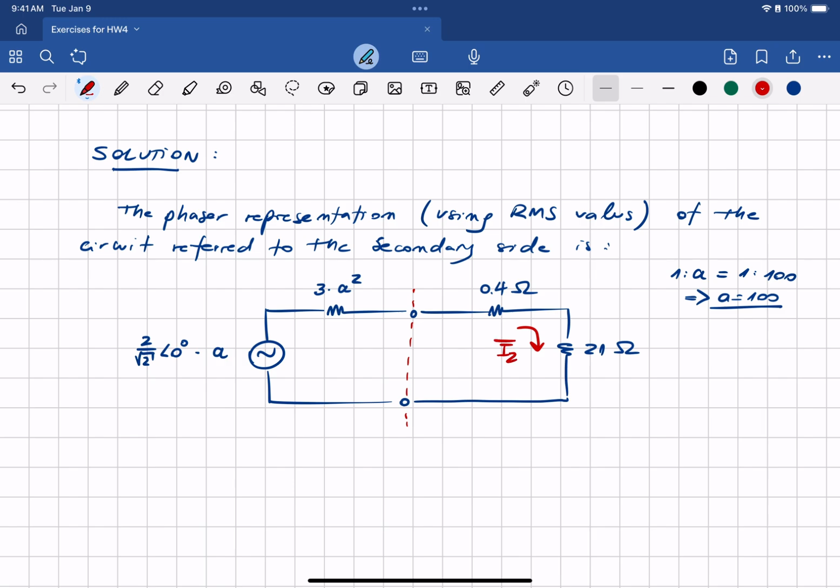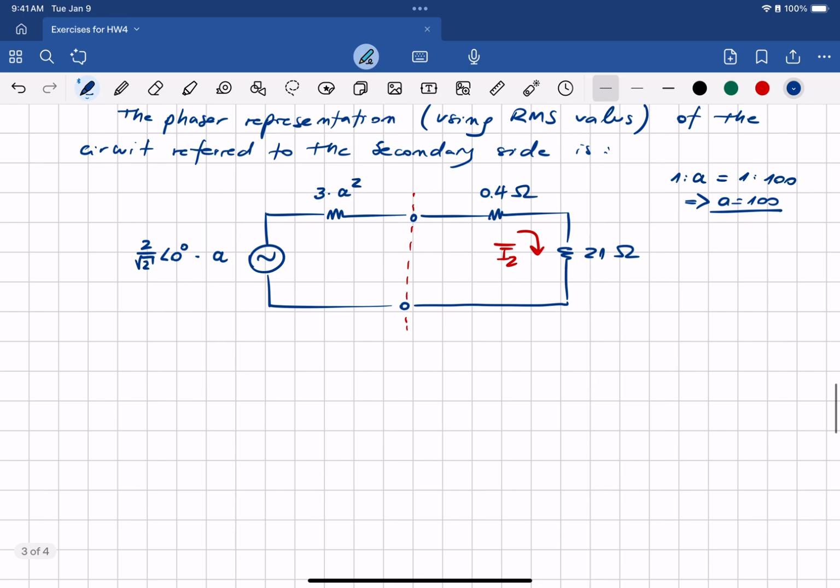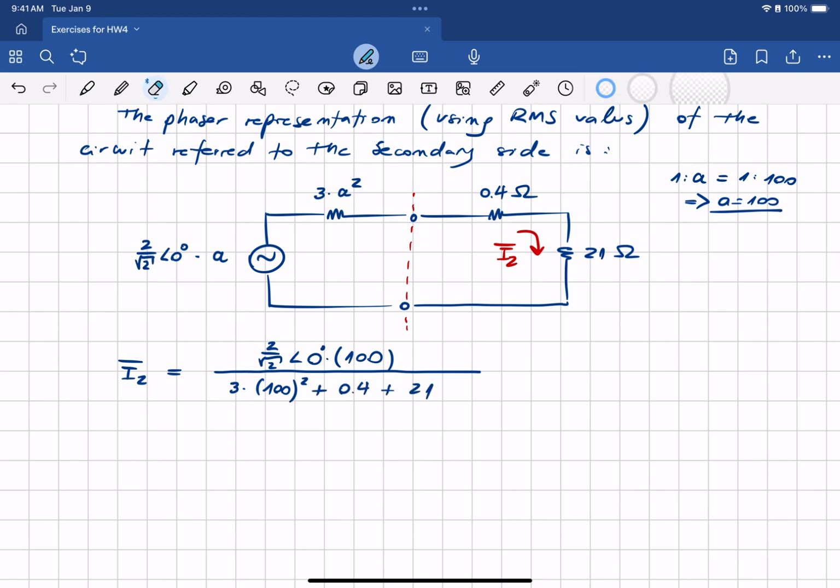We can use this circuit now to calculate the current. I2 would simply be the voltage at the source, 2 over the square root of 2 angle 0 times A, which is 100, angle 0 degrees, divided by the sum of all impedances: 3 times A squared, so A is 100, plus 0.4 plus 21.